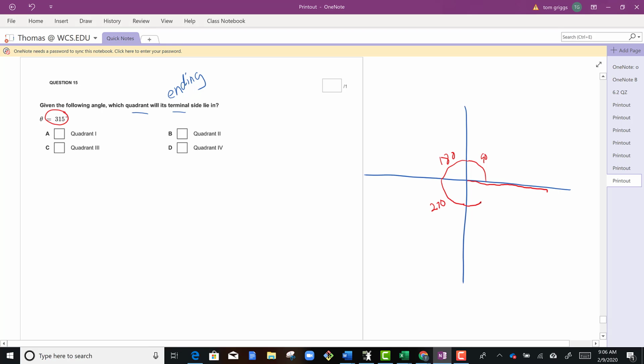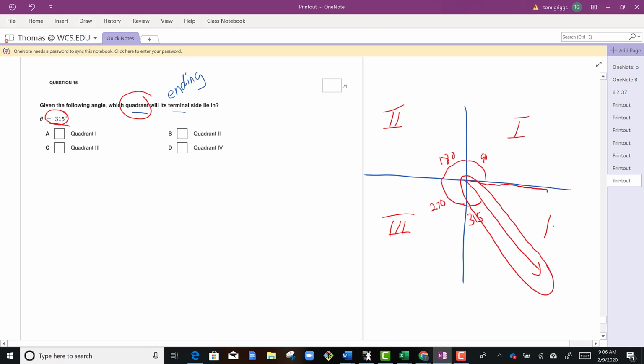That's 270. Which means we need to go 45 more degrees. That's 315. The question wants to know what quadrant will the terminal side, this is the terminal side. Terminal side ends in quadrant 4. This is quadrant 1, quadrant 2, quadrant 3, quadrant 4.